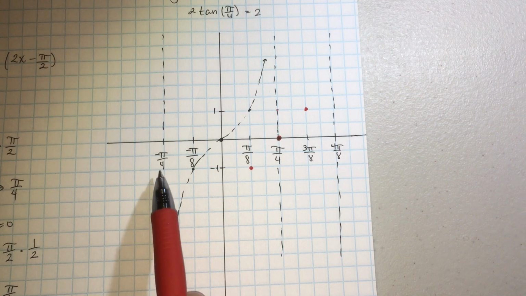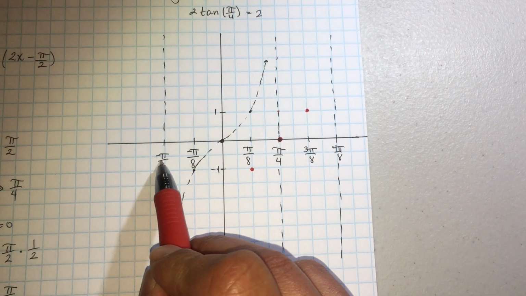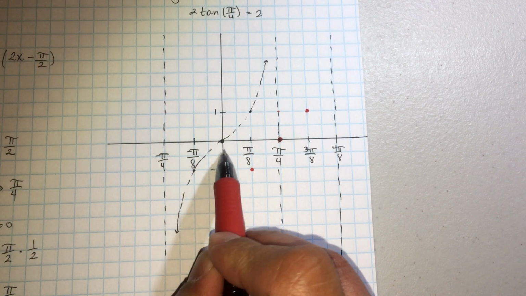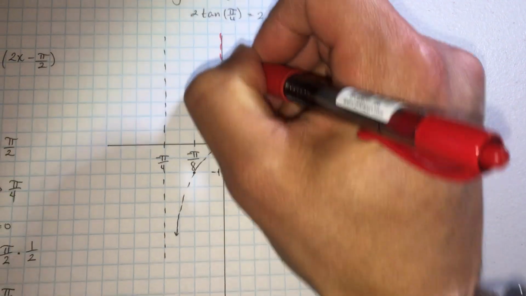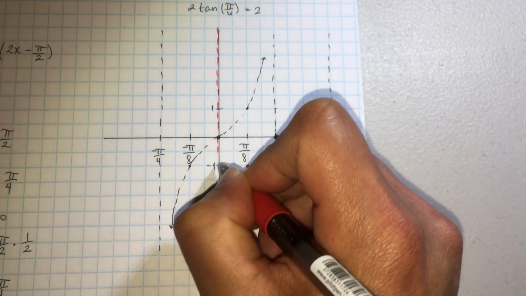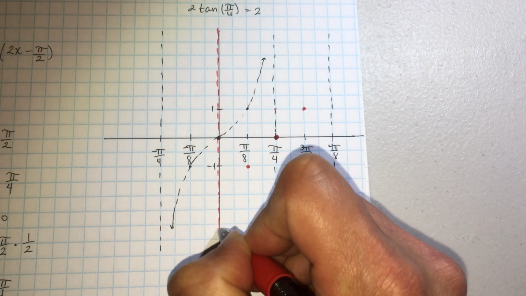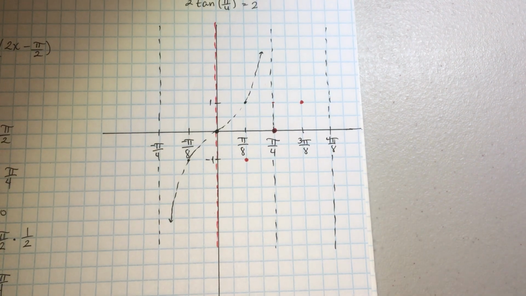Also my asymptote is going to be right here. 1, 2. You see this guy is now going to be an asymptote right here. This guy's going to be my new asymptote because I also have to move the asymptotes.